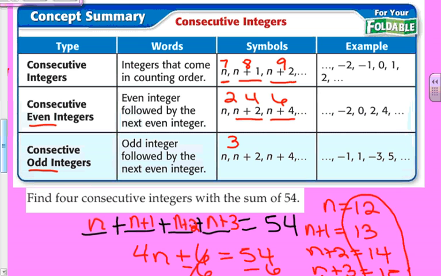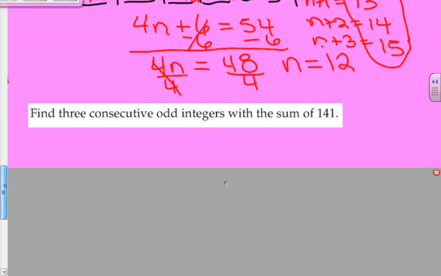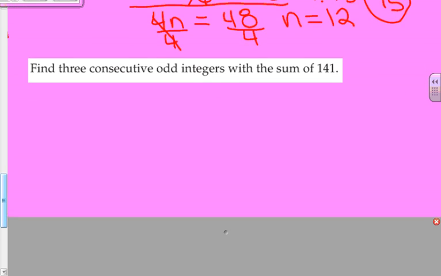Same thing works with odd. 3, not 6, I'm sorry. 3, 5, I was counting by threes. 3, 5, 7, and so forth. N would be 3. N plus 2 skips the 4, adds 2 to make it 5. So those are consecutive odd integers. So we're going to use one of those methods for doing consecutive odd.